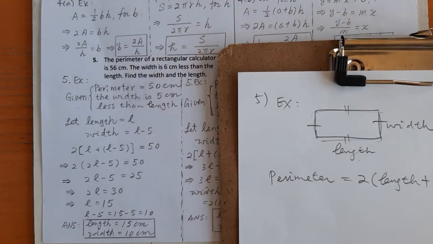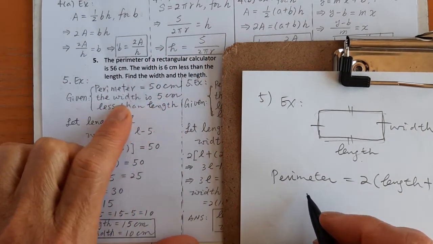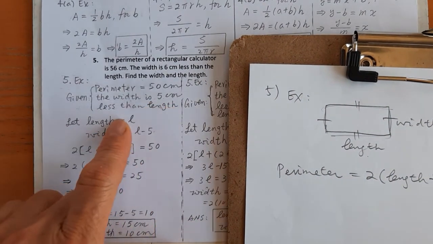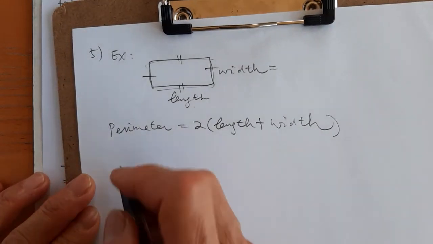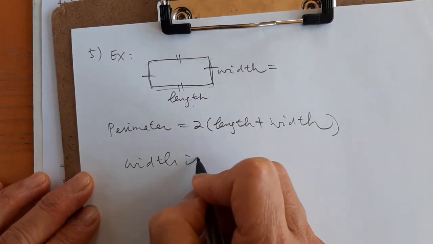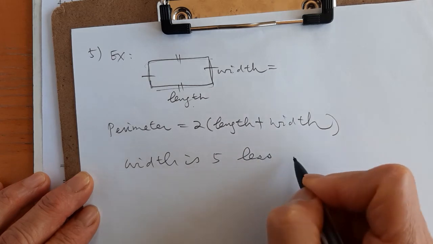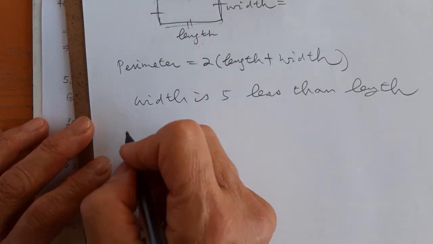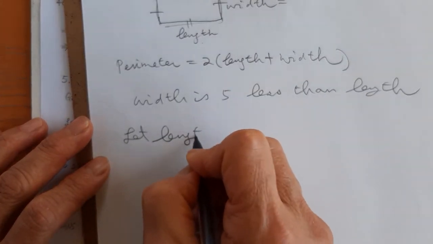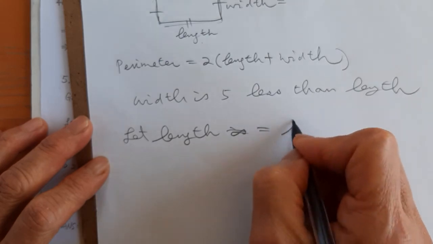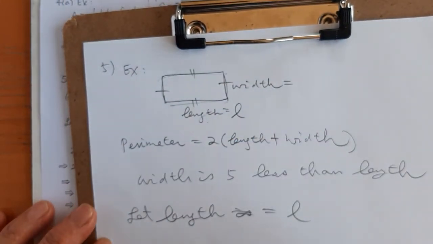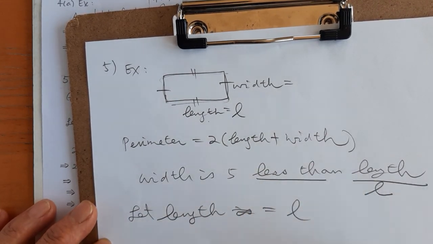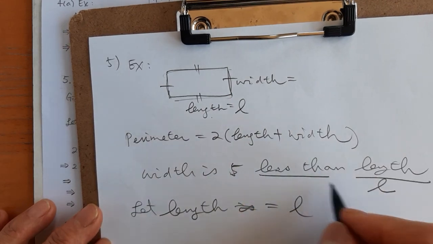And for this question, the perimeter is 50, and the width is 5 less than the length. So if I let the length be L, the width is 5 less than L.